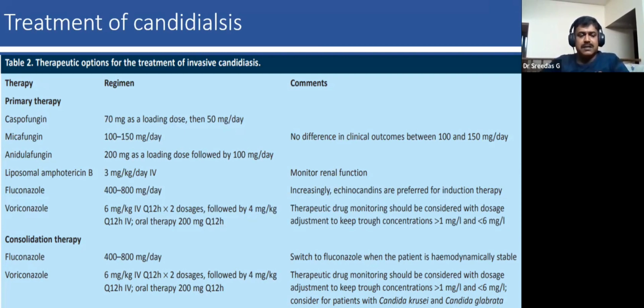Once it comes to the consolidation phase, we can either convert to fluconazole if the strain is fluconazole sensitive, or voriconazole, especially when you have fluconazole-resistant non-albicans varieties like Candida krusei and glabrata. The duration of treatment for Candida is at least 2 weeks after the symptoms subside and the culture is negative.